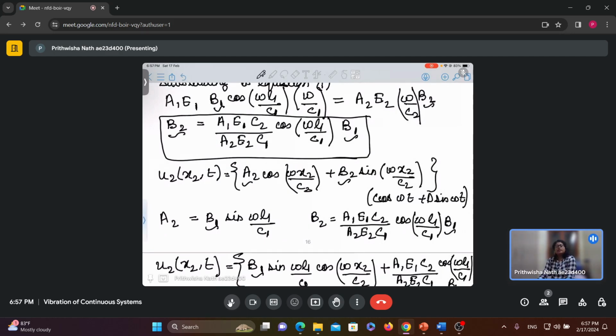Now I substitute all these values for A2 tilde and B2 tilde in this equation for U2.